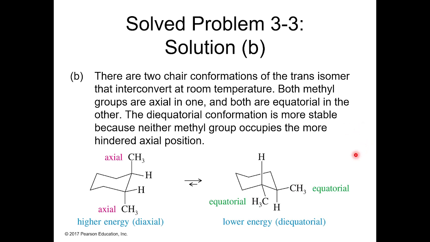And that's actually the rule that I use there. The things on the same side have to be axial, equatorial. If they're on opposite sides, they have to be the same, both axial or both equatorial.